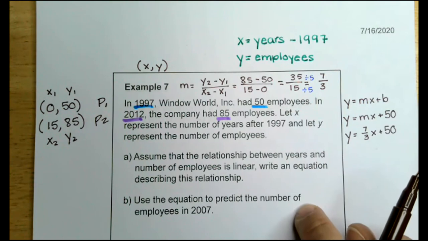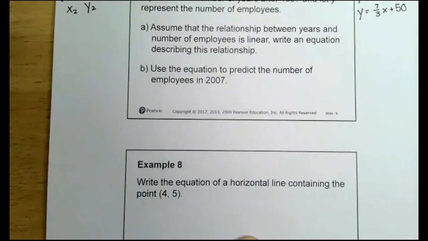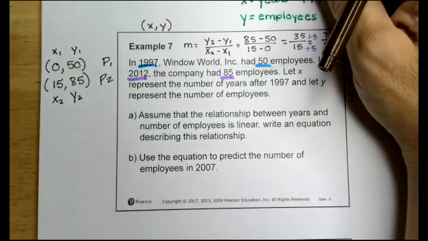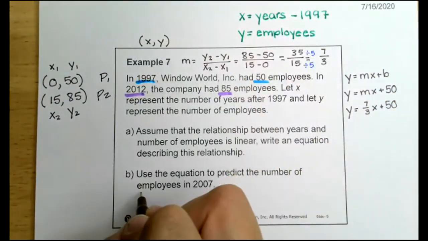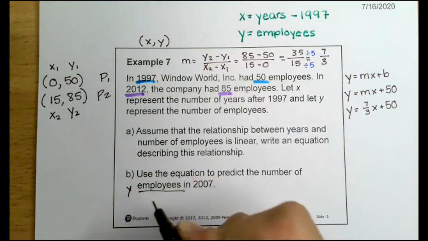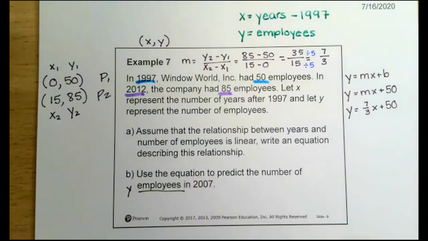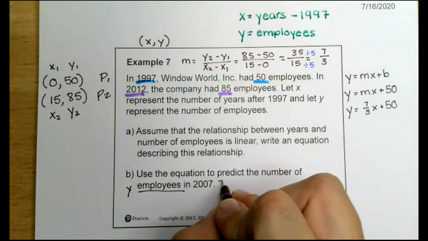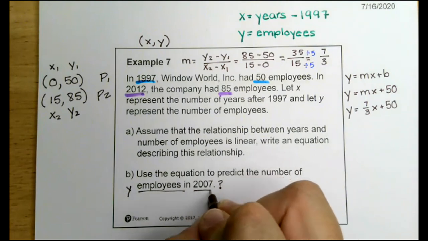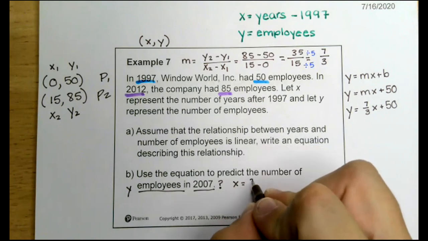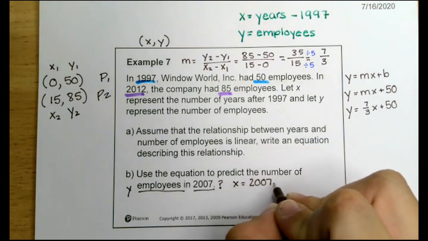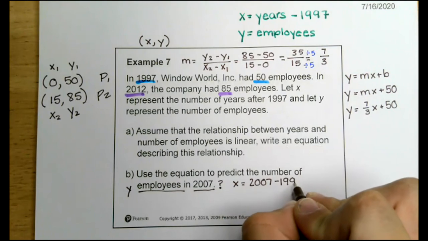Use the equation to predict the number of employees in 2007. So you want to predict Y in 2007. What is 2007 on X? X is years minus 1997.